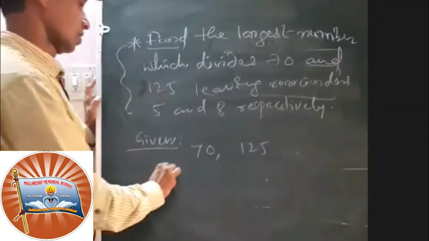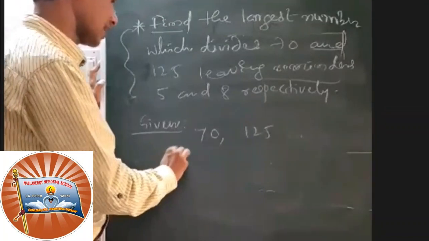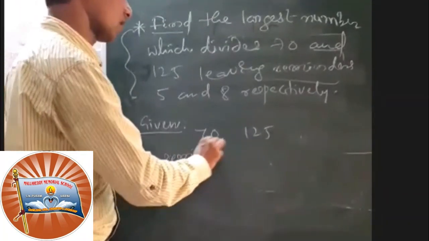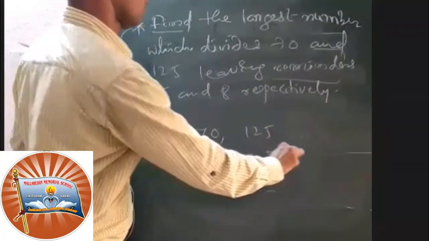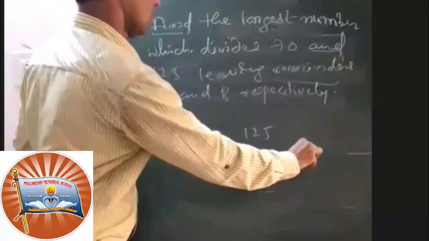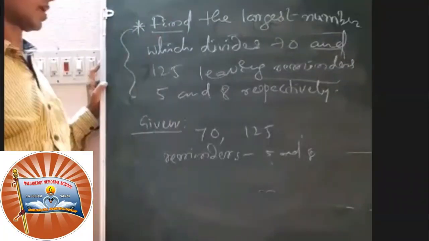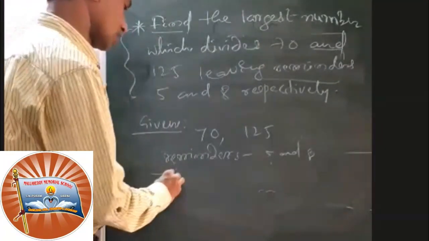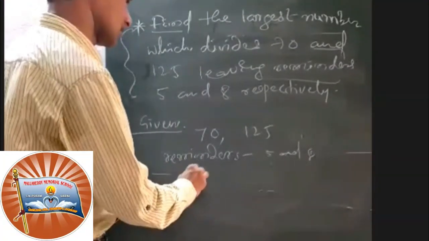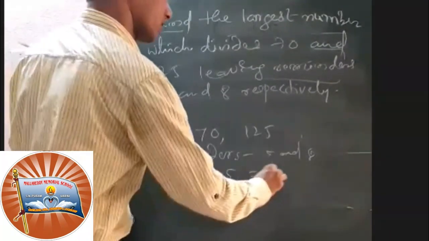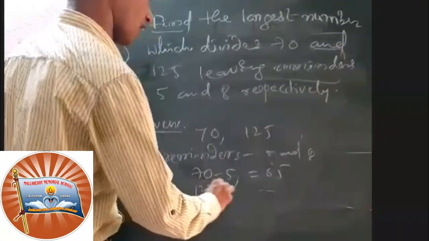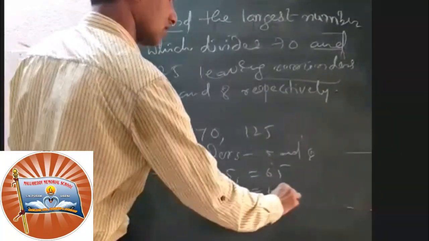The remainders are 5 and 8. Then the original numbers will be: 70 minus 5 is equal to 65. 125 minus 8 is equal to 117.